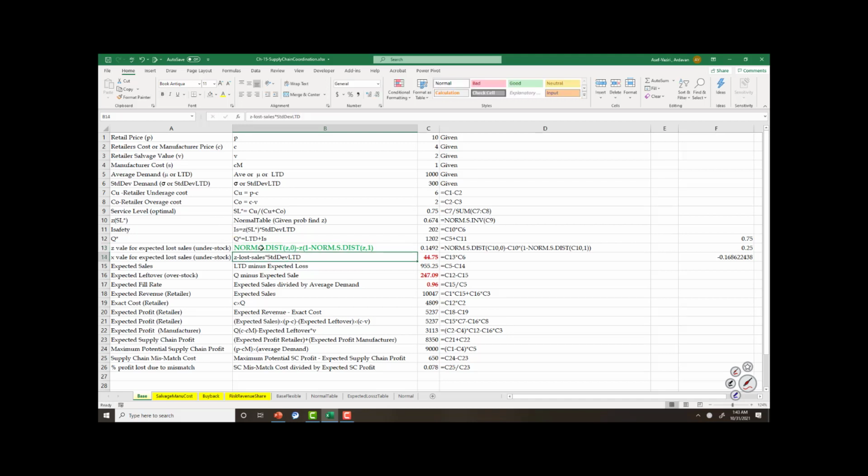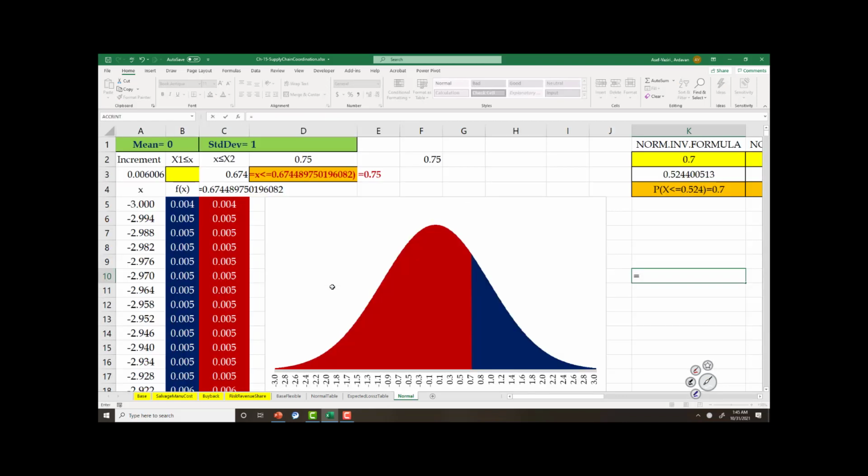Let me explain the difference between NORM.S.DIST(z, 0) and NORM.S.DIST(z, 1). If I go here, normal standard distribution, and I enter 1, I get this probability.